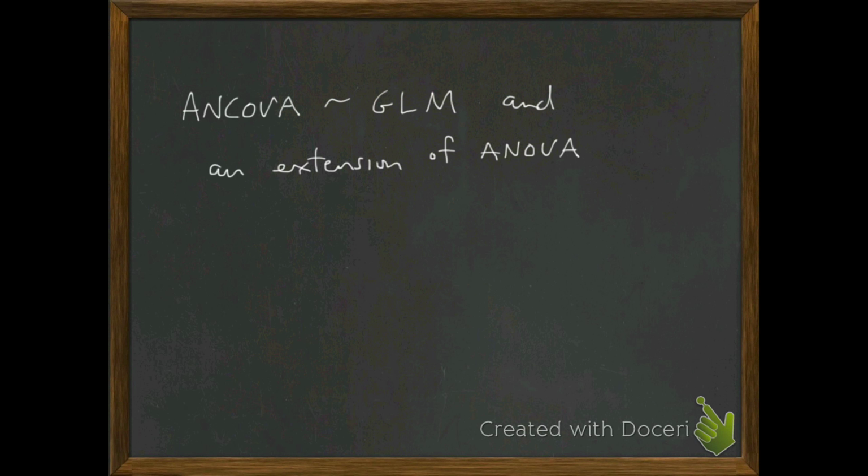Now, an example we may want to look at, let's say that we have a quantitative variable, which is our y, that is the AP final score on the statistics test.